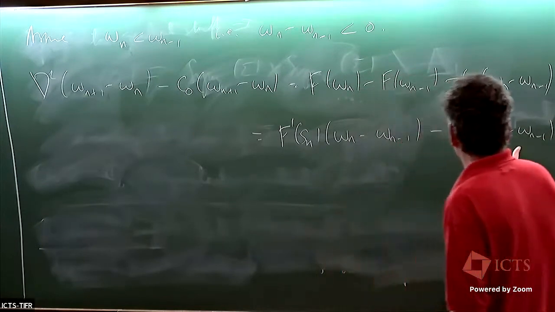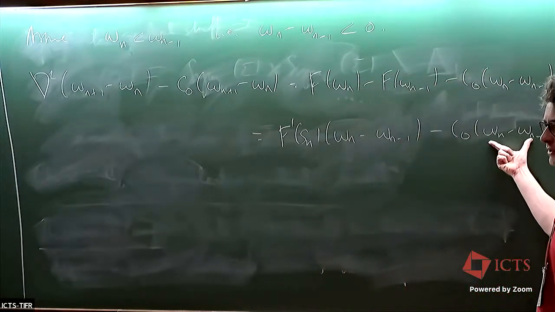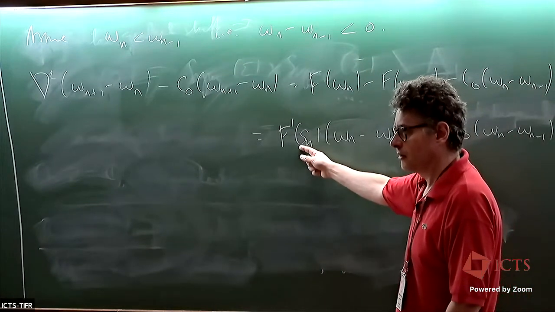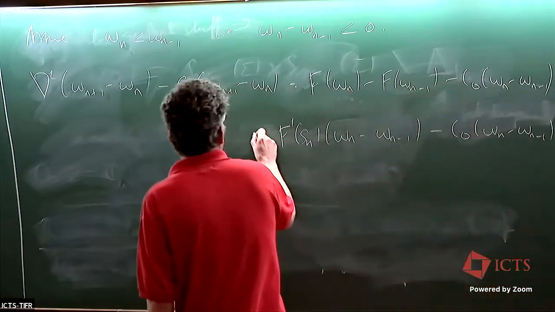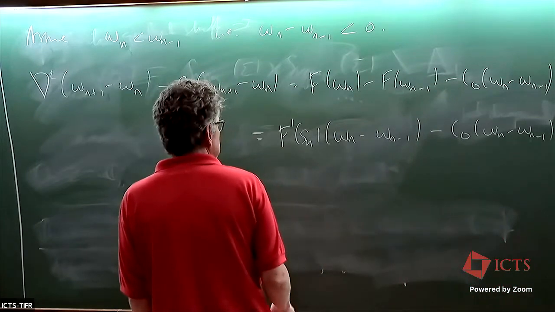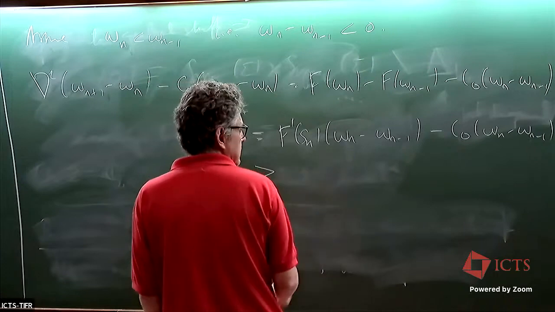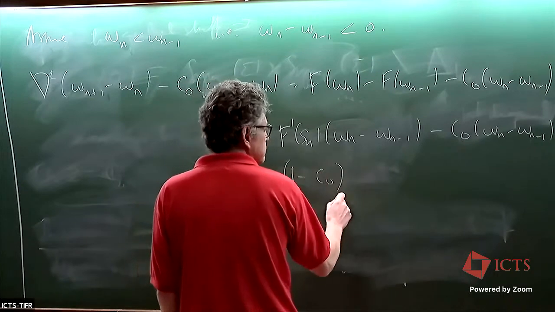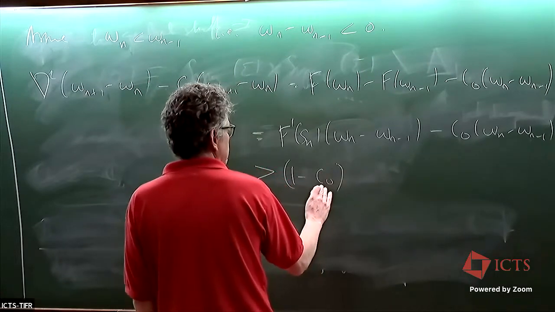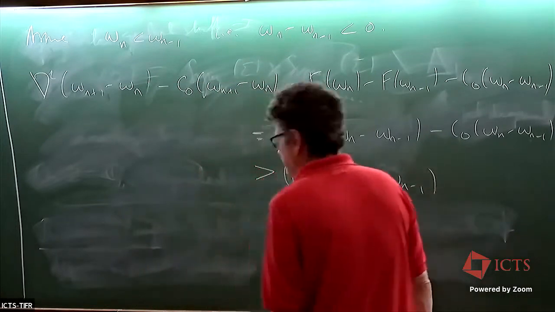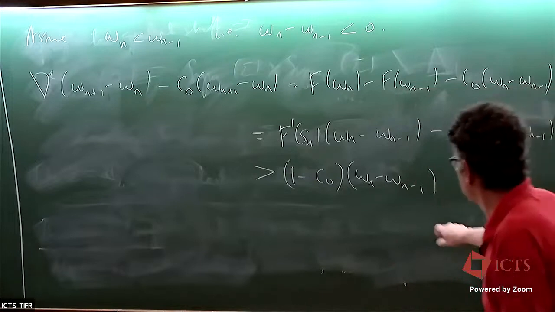Our induction hypothesis is that this quantity here is negative. And this number here is less than 1. So this is certainly bigger than... okay? But remember, this is negative.